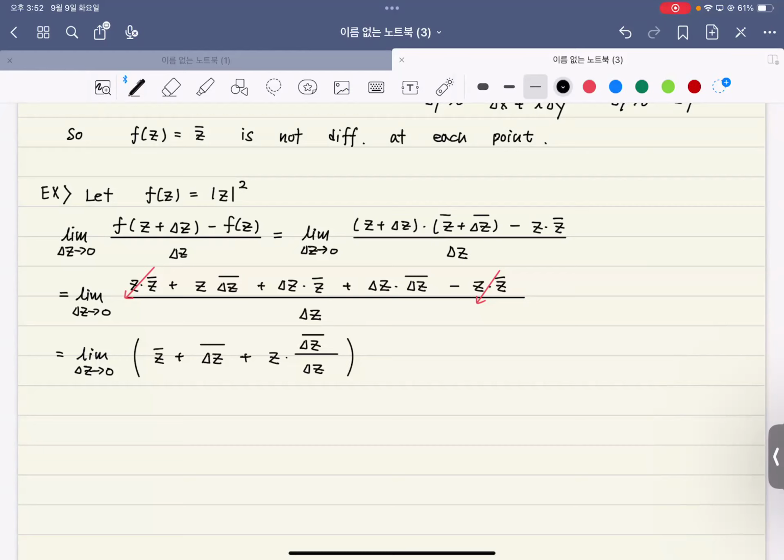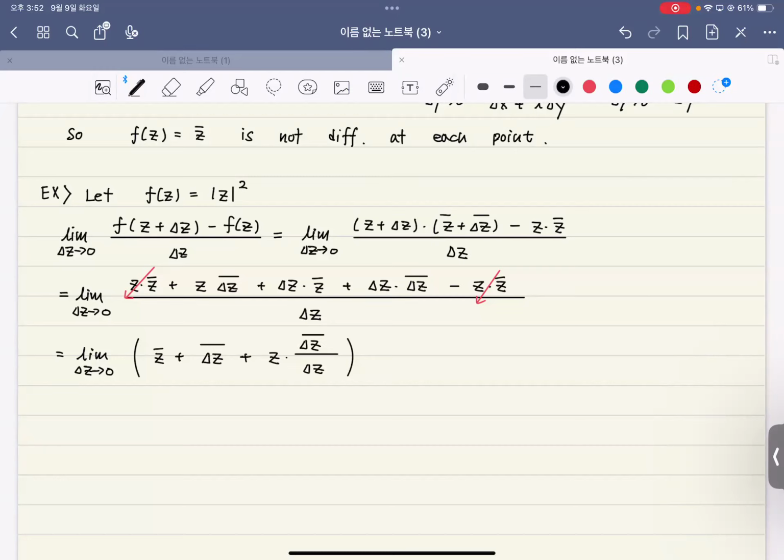Does it exist or not? Let me see. The answer depends on the value of z, right? More precisely, if z equals 0, then this guy just vanishes. Therefore, I have a very well-defined limit of this expression.